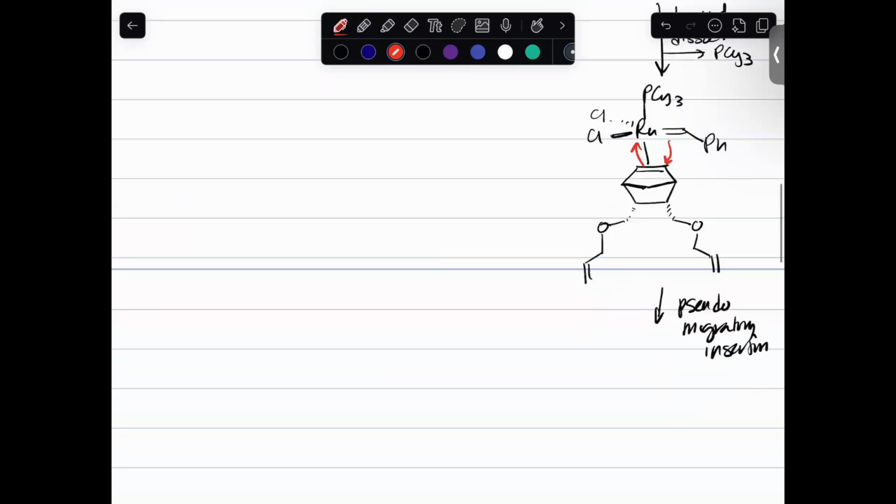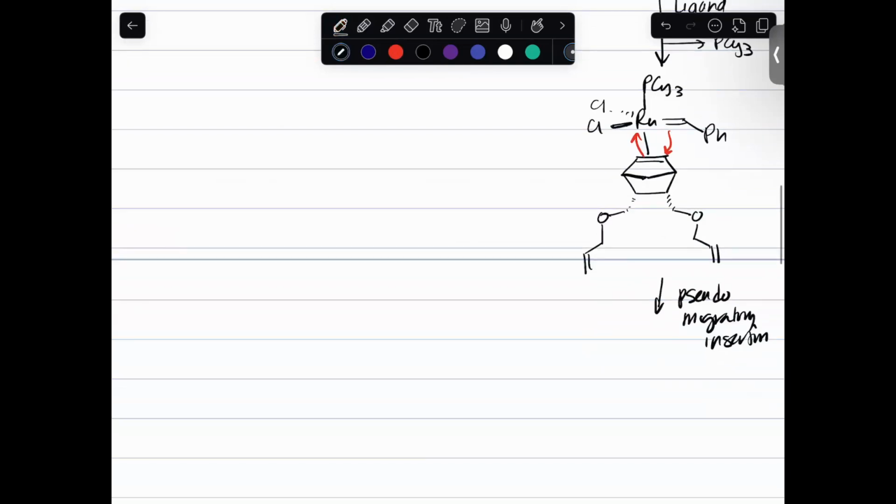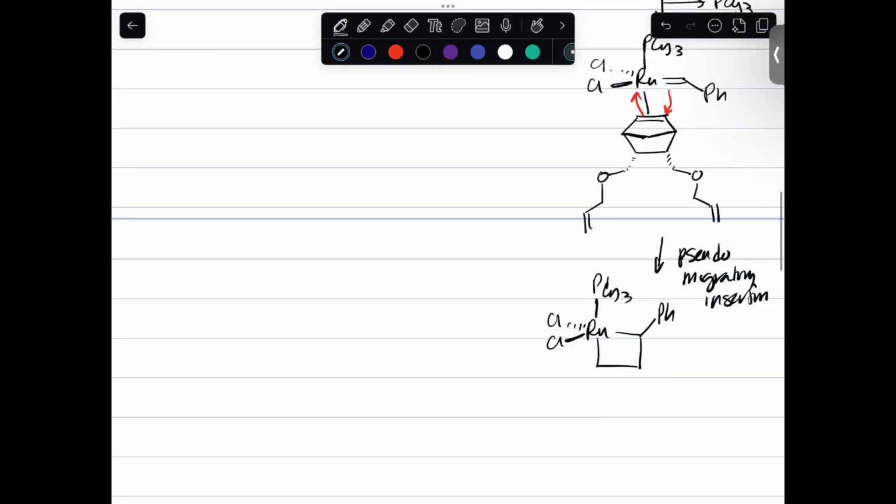And we form our four-membered ring, i.e. our metallocycle. Notice that we haven't broken our bridge.